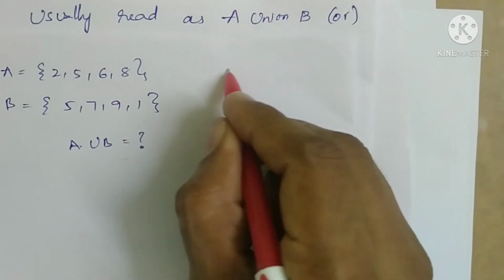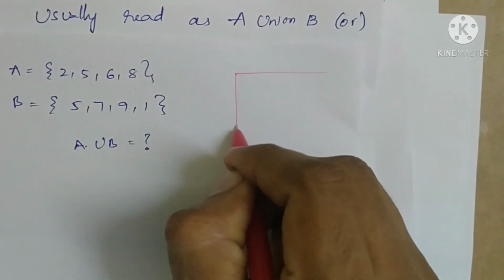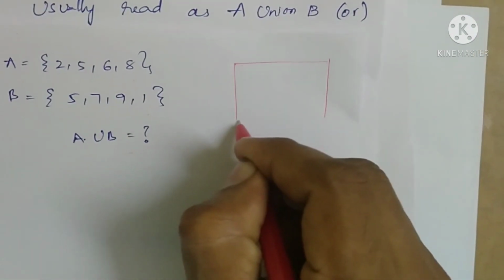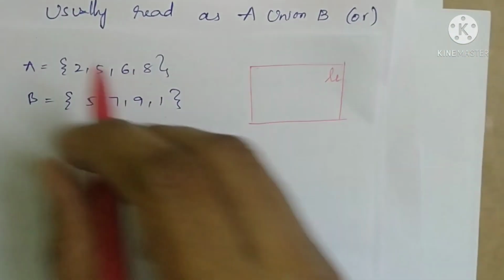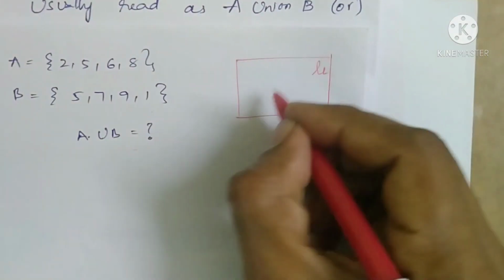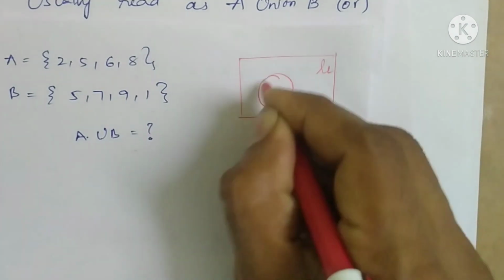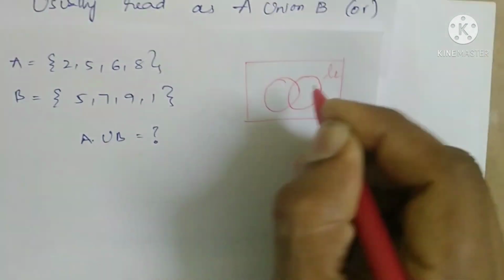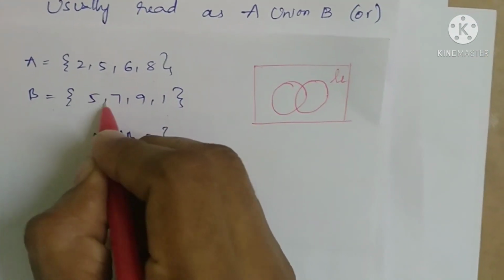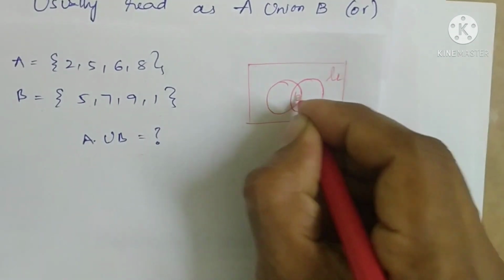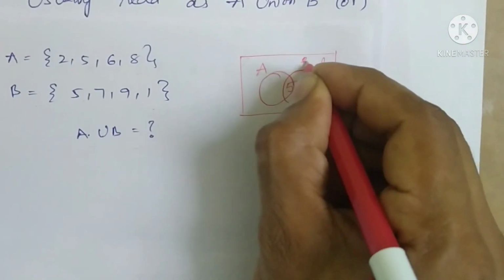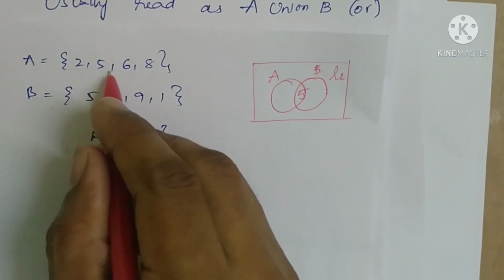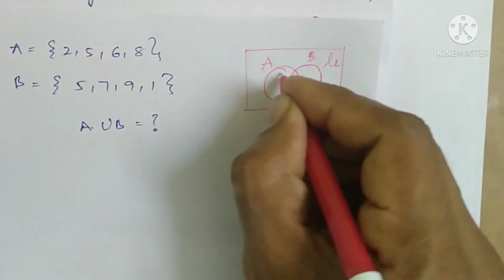So the universal set is denoted by the symbol mu or U. Sets are represented as circles. This is set A, this is set B. Set A elements are 2, 5, 6, 8, right?